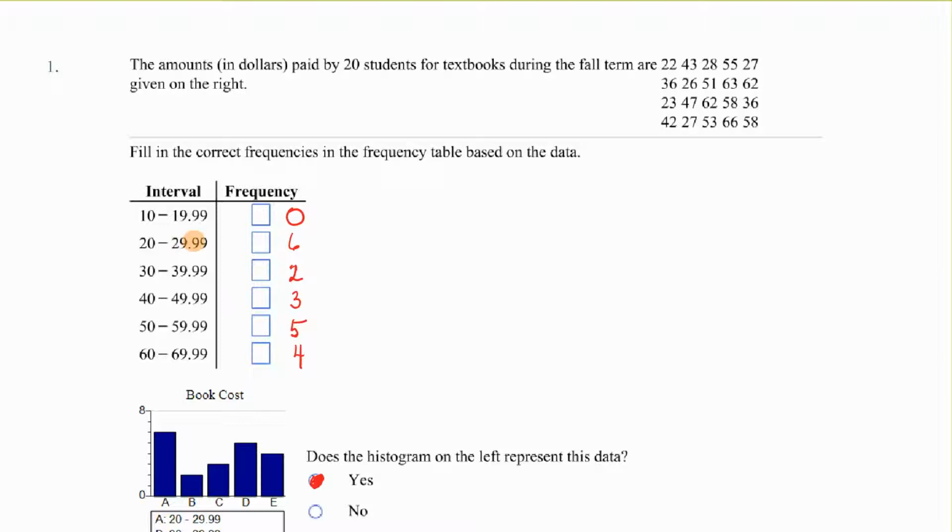Between 20 and 29.99, well, here's 22, 28, 26, 23, and 27. There's 6 numbers that fall in there. So that's what you would do with each of these intervals, find out how many of these numbers fall in that interval and put those numbers there.